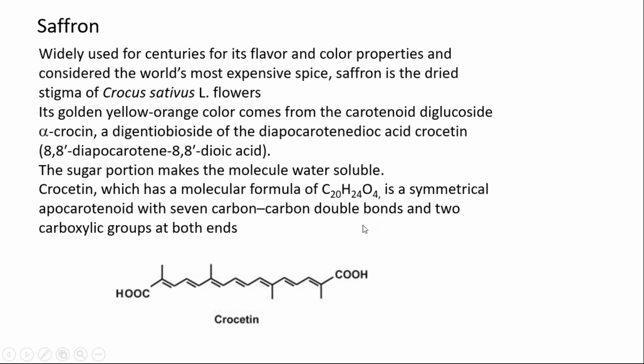That means it has 2 sugar molecules here, and the basic fundamental unit is diapocarotene diacid, or crocetin. The crocetin is a highly hydrophobic molecule, not soluble, and when it is present with the sugar as a glycoside, it allows it to be soluble in water.